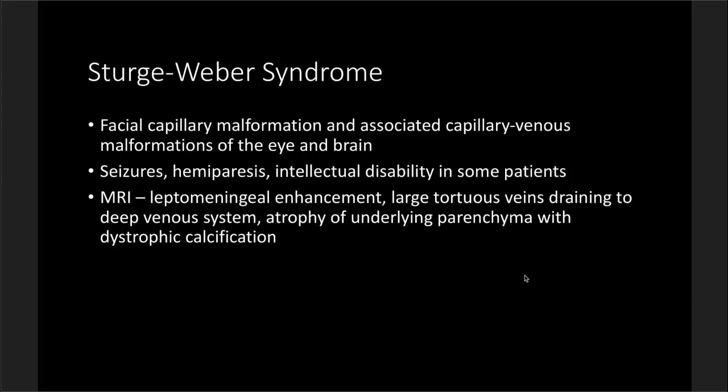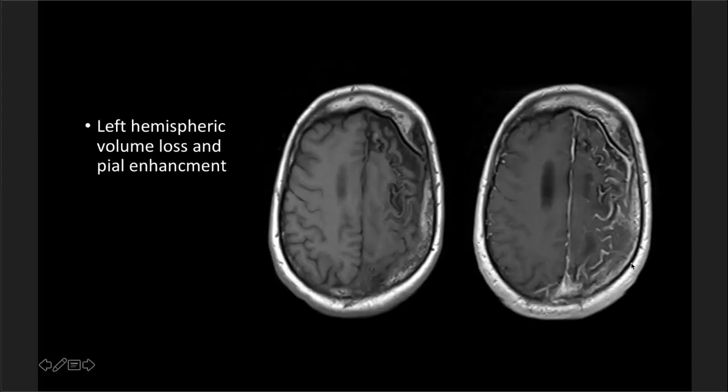So these patients have port wine stains in the face, and they have pial angiomatosis, which is what we're seeing here, this intense enhancement of the pia, and that causes volume loss in the affected cerebral hemisphere and gyral calcification. So that's Sturge-Weber syndrome.